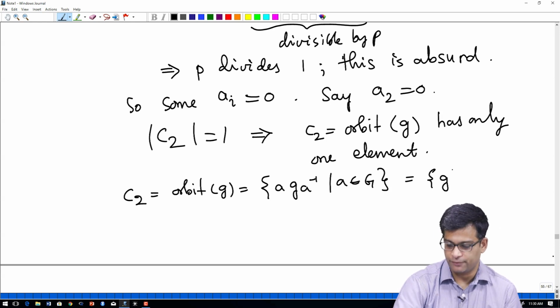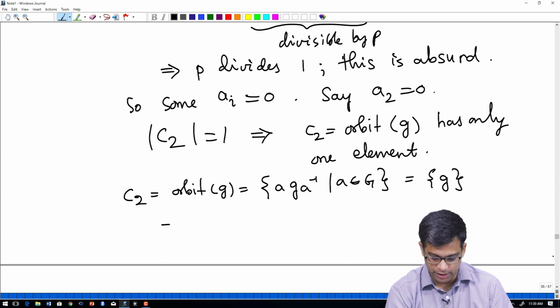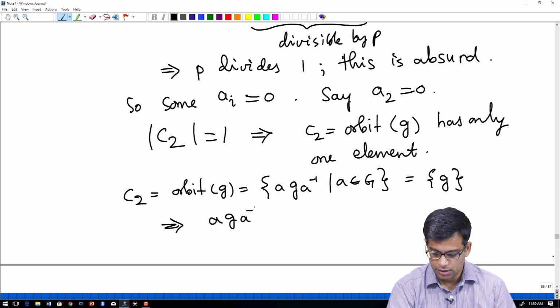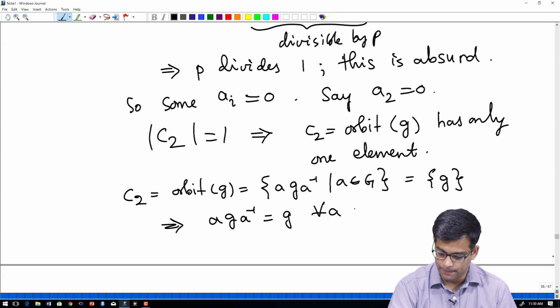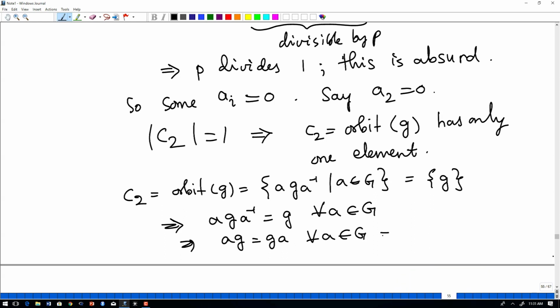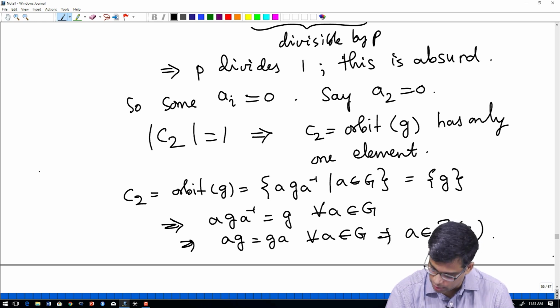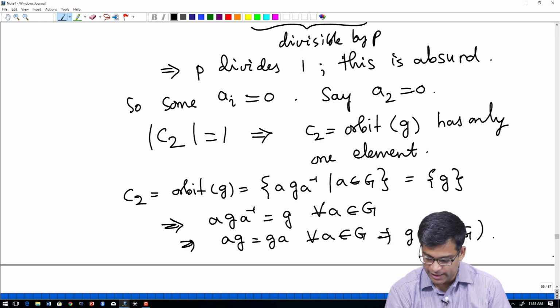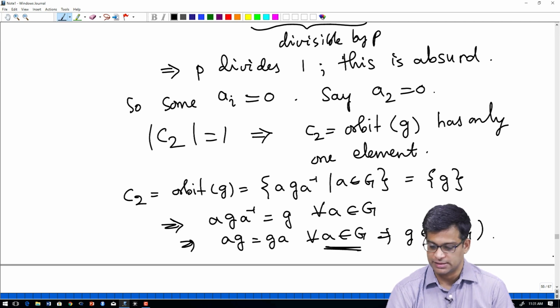But of course, the orbit definitely contains g, so that means a g a inverse is g for all a in G. That means a g equals g a for all a in G. Sorry, this is not a that I can conclude is in the center. a is varying, so I can conclude g is in the center.